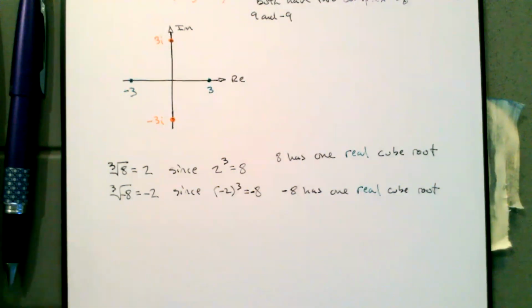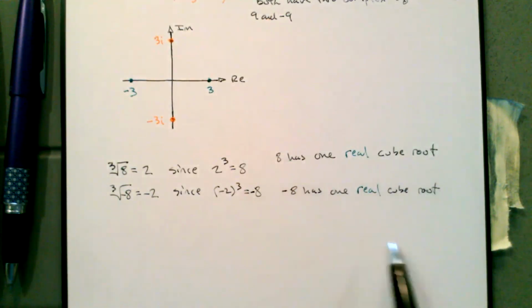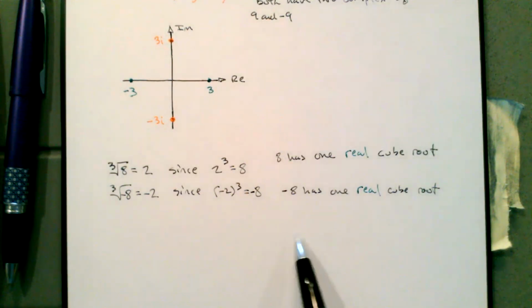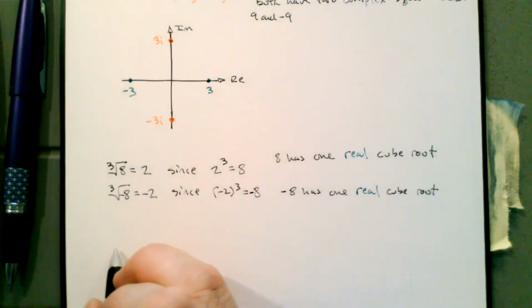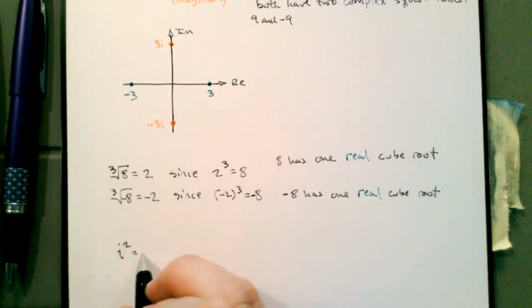Let's look at the number 1. Let's come at this from the other direction. I'm just going to leave this suspicious space under the one real cube root part in both cases. So we know that i squared is equal to -1.